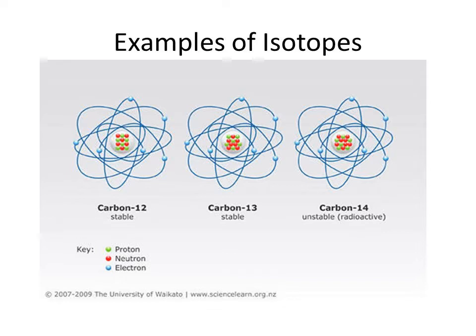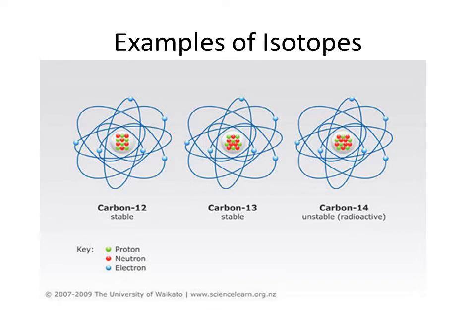Here you can see we've got three types of a carbon atom: carbon 12, carbon 13 and carbon 14. Do you remember that the number at the end tells us how many neutrons and protons there are? Look at the nucleuses for these atoms.